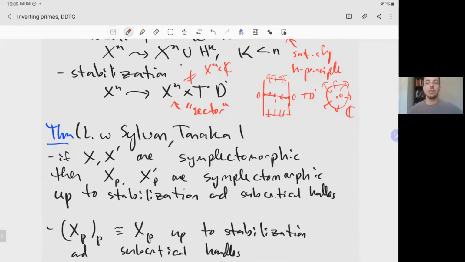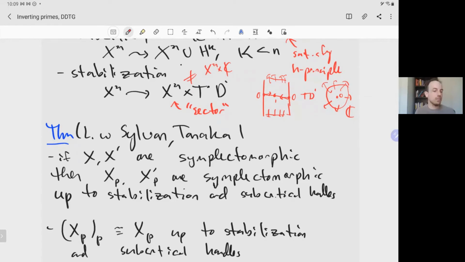Concretely, if I take one Weinstein domain and apply some set of moves to it, I get a new Weinstein presentation. Then to each of those presentations I do this local modification. A priori, I get different things, but in fact, I get the same thing up to stabilization and subcritical handles. So that's the claim.